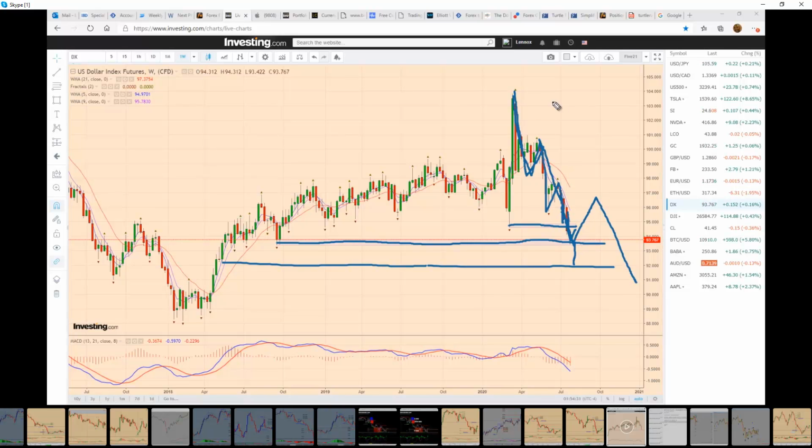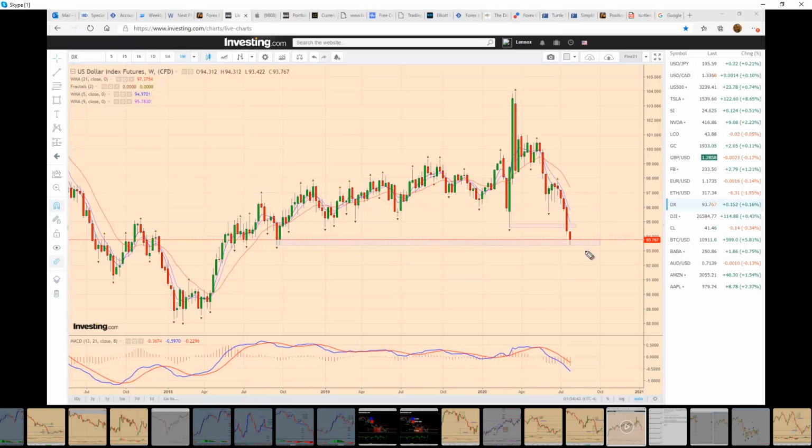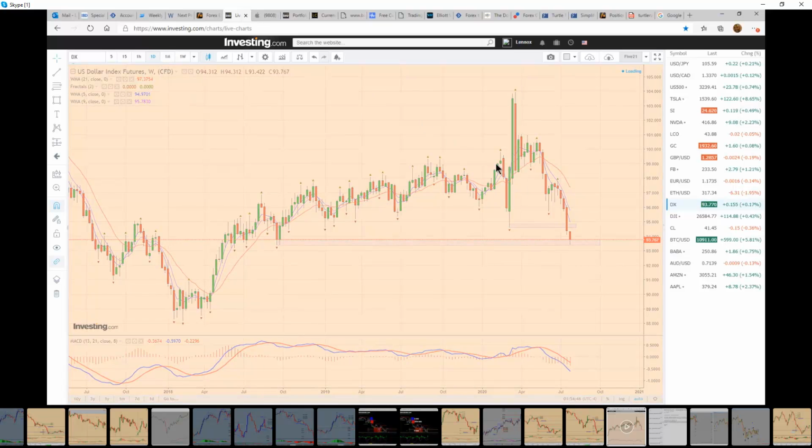So then we have a larger structure within a smaller structure. So if that's making sense, this is totally possible here. So right now our concentration is here, of course, and that's what we'll do. So this is the weekly time frame. So we drop to the daily time frame.